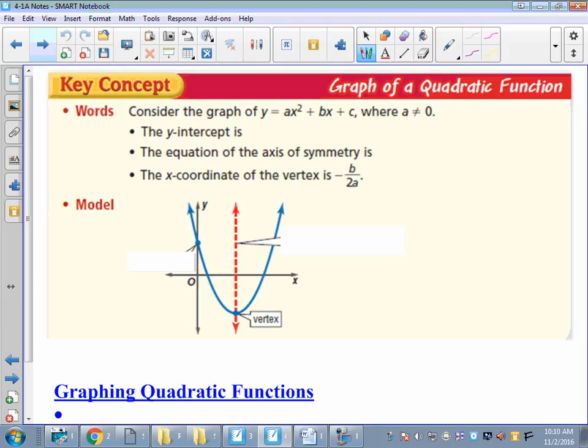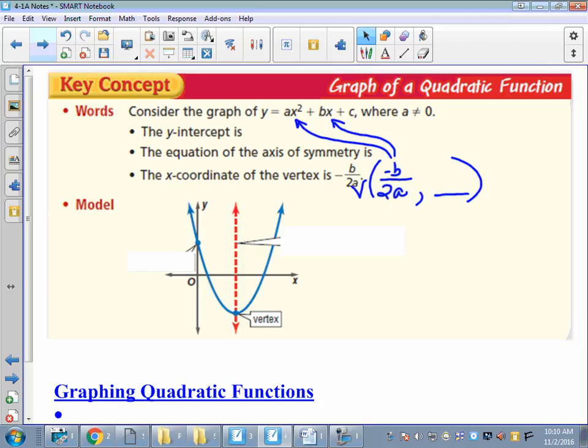I like the negative to be up top with the b value, the opposite of the b value over 2a. So when you find the vertex, that is your x-coordinate, and then to find your y-coordinate, you plug that into the function. Just like any other y-coordinate, you plug in the x and the function will give you the y.